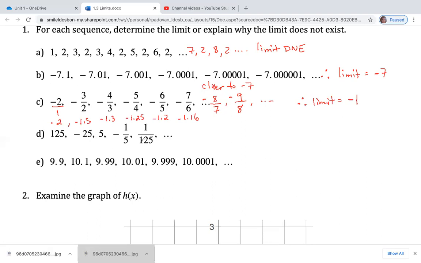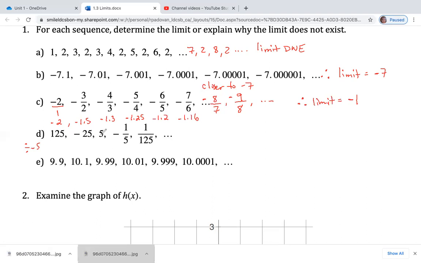Okay, how about the next one? What is the pattern first? 125, comma, my next number is negative 25. So I must be multiplying by a negative number. What am I doing from one number to the next? My numbers are getting smaller, so I'm multiplying by a fraction, right? Or you could say I'm dividing by negative 5 each time.